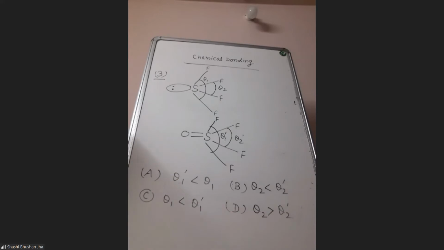So can you tell me what kind of electronic structures are these? What is shape of the electronic structure? I'm not asking shape of the molecule. Electronic structure I'm asking. TBP, triangular bipyramidal, correct.